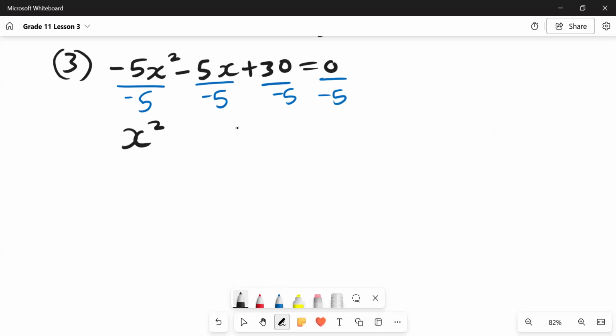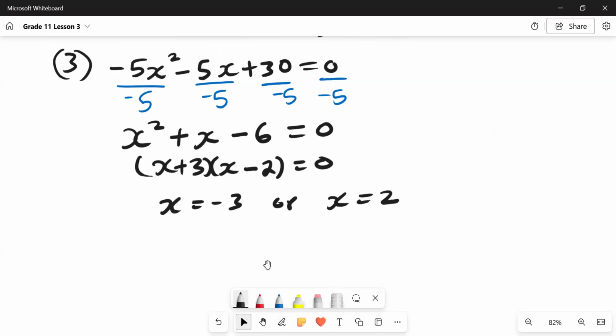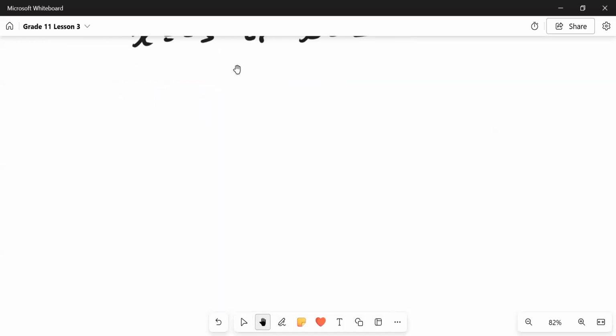So this is x squared plus x minus 6 equals to 0. Now this is just a simple trinomial. Favorite step. Factorization, we factorize, and then we get our factors there. And then the last step, x is equals to minus 3, or x is equals to 2. That's it.